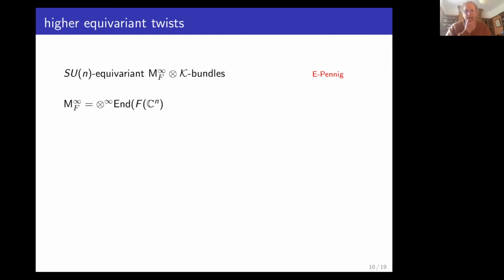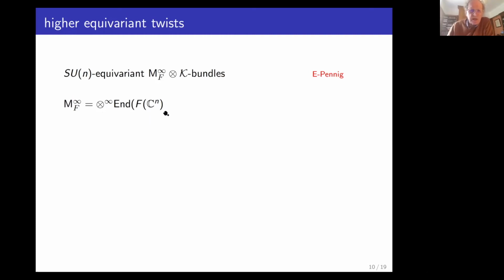So now here's another approach which could lead, or should lead, to maybe new fusion categories: instead of just bundles of compacts, to look at bundles of compacts tensored with some interesting non-trivial C-star algebras. So I'm going to look at this M_F infinity, which is an infinite tensor product of matrix algebras.